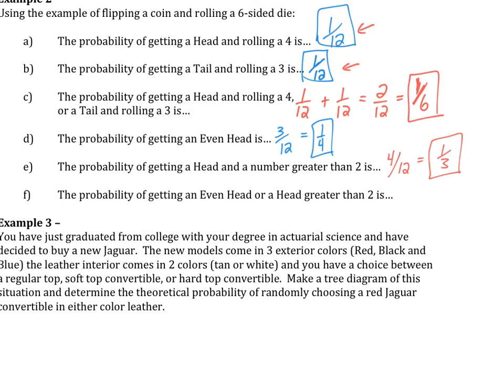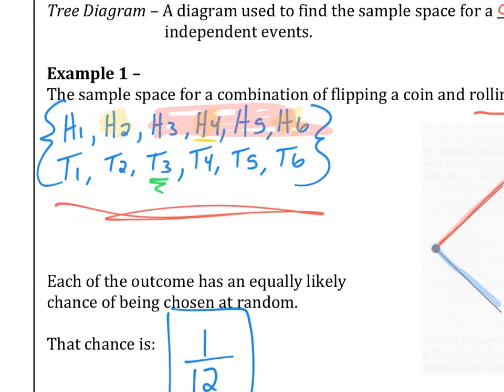And then lastly, what is the probability of getting an even head or a head greater than 2? So an even head or a head greater than 2. Okay, let's go look at this. I'm going to use green now. Even heads would be like H2, H4, and H6.